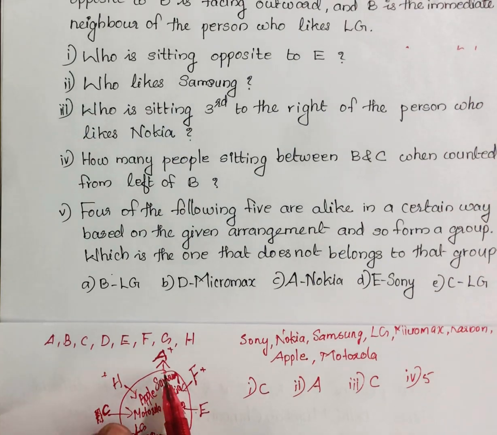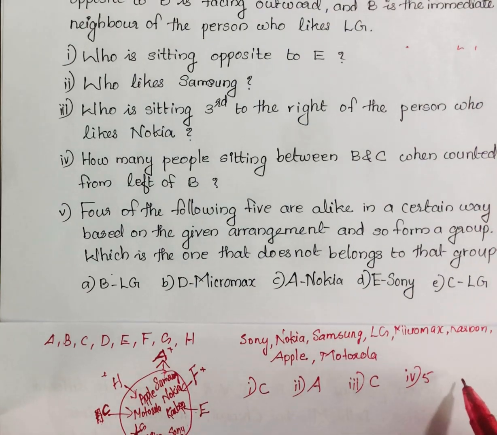A, Nokia: A facing outside, A's right side is Nokia. E, Sony: E facing inside, Sony is on the left side. C, LG: C facing inside, LG is on the right side. So E, Sony only is given on the left side. So the answer is E, Sony, or option D is the answer.